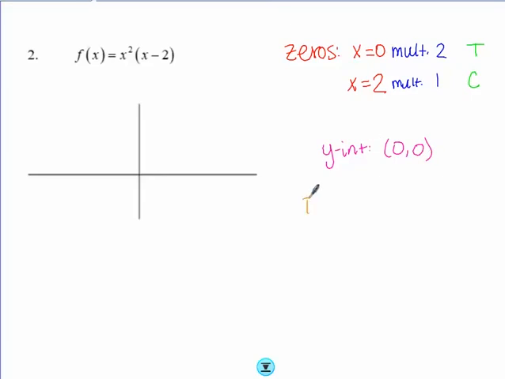If I look at the power function, we know that the degree is the sum of the multiplicities, which is 3, and our leading coefficient is 1, so our power function is just x cubed.